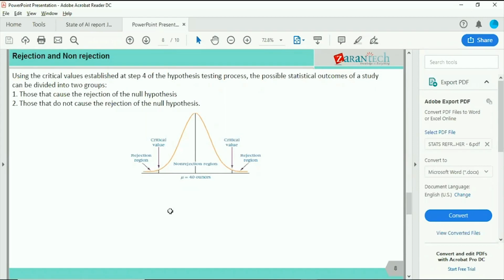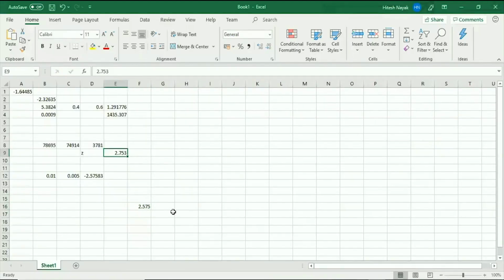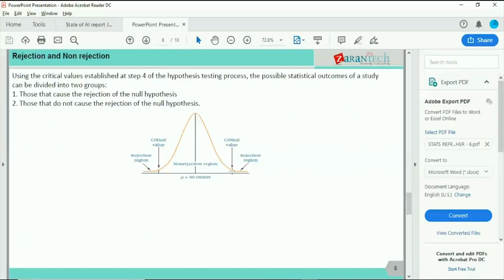My Z value is 2.753. 2.753 is in the rejection region. So I'll reject the null hypothesis.